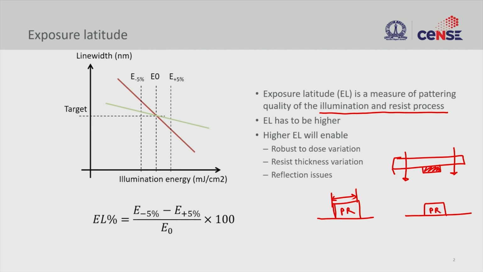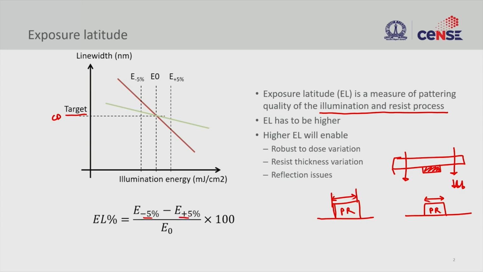So, when I increase the dose, what happens? The line width reduces. The line width is going to shrink. That is what we see. And then there is another process that has a steeper slope, the blue one. Now I have a target line width, which we call the critical dimension, and I want to see how much my critical dimension varies if I change my exposure, in this case plus or minus 5%.